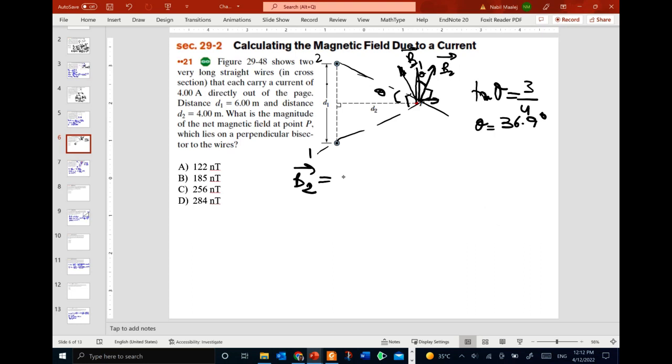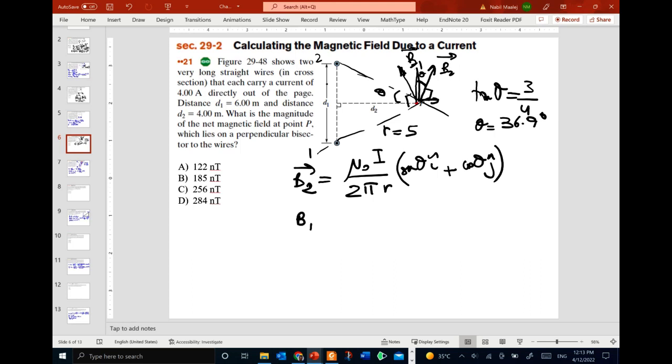It's mu 0 I divided by 2 pi times the distance r. r is 5 meters in this case. You can verify that. So sine theta i plus cosine theta j. This is the first vector, B2.